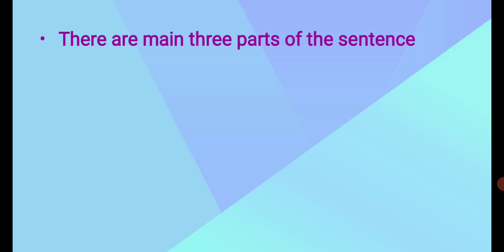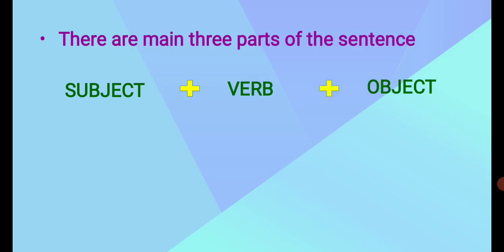Yes, there are 3 main parts of a positive statement: subject, verb and object. What is the subject, what is the verb, what is the object? We already learnt about it, right?